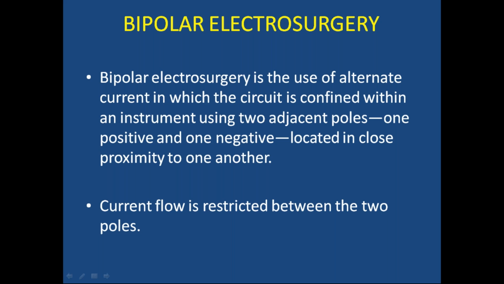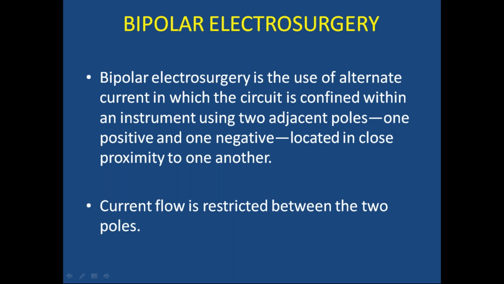Bipolar electrosurgery is the use of alternating current in which the circuit is confined within an instrument using two adjacent poles, one positive and one negative, located in close proximity. Current flow is restricted between these two poles.